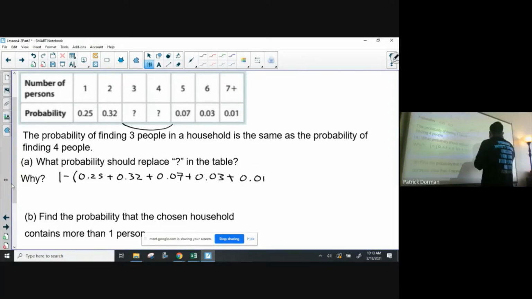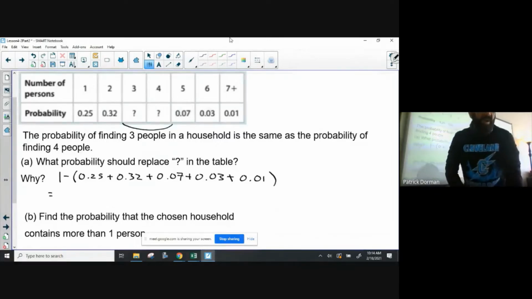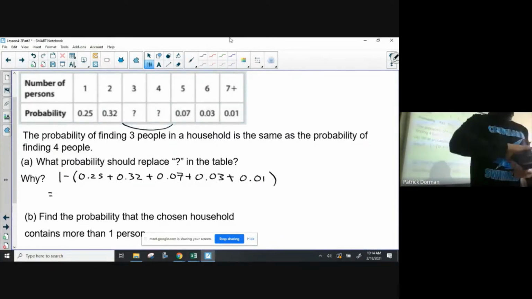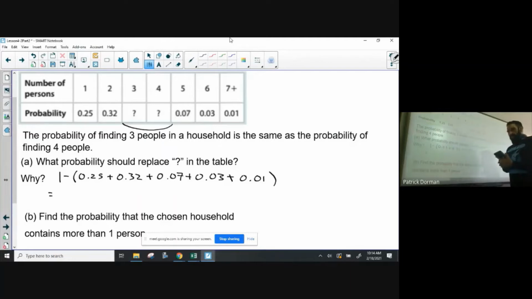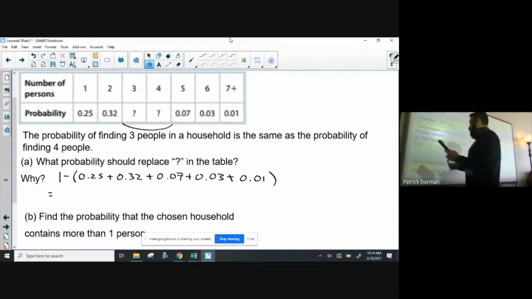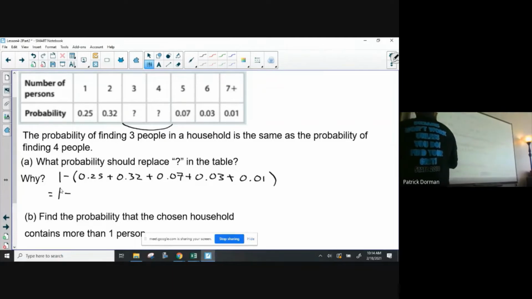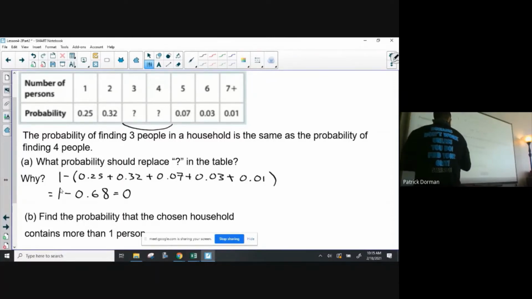All right. So let's go ahead and add these up. 0.25 plus 0.32 plus 0.07 plus 0.03 plus 0.01 gets us 0.68. This is now 1 minus 0.68, which is 0.32.